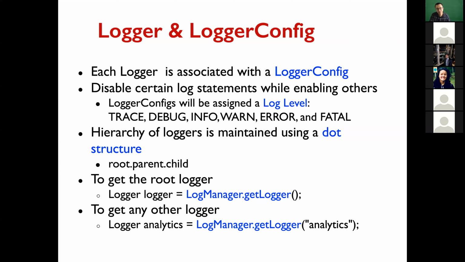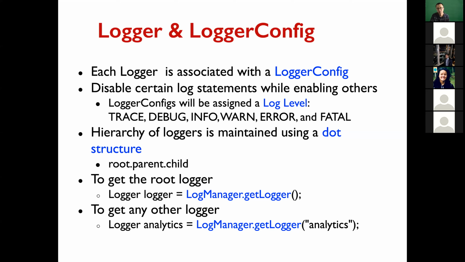So what is a hierarchy? We use a dot structure like root.parent.child. If a logger has the name root.parent.child, it means this logger is lower in the hierarchy. It is the child of root.parent.